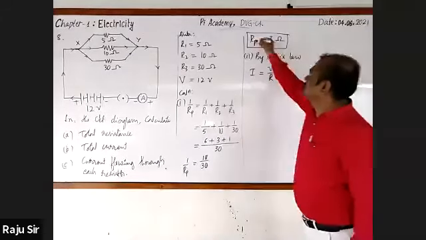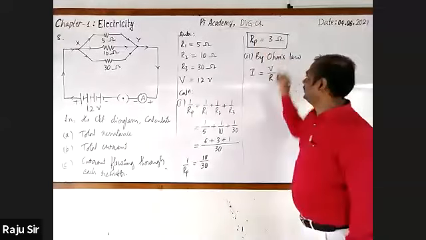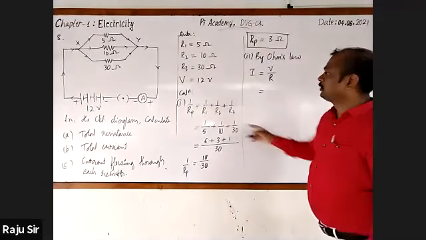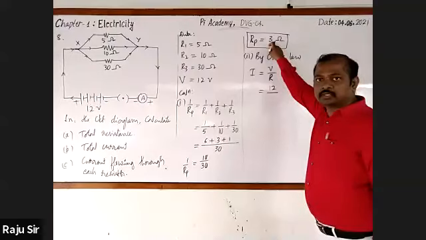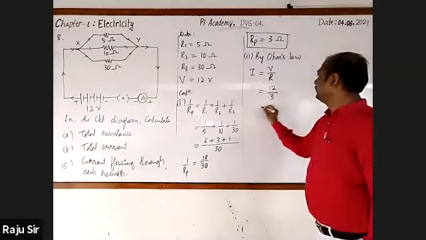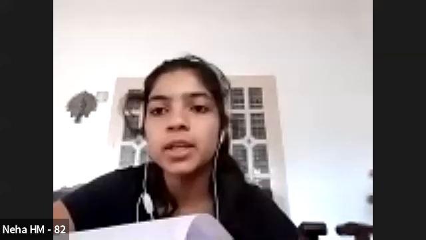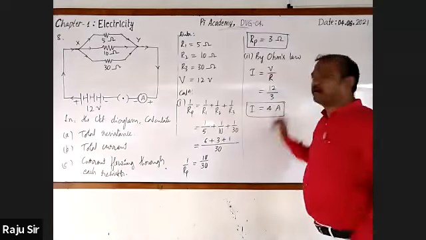You may take that just R also, or RP. Voltage is known, it is 12 volts, and total electric resistance is 3 ohm. Cancel it. You will get 4 amps. Current is 4 amps.